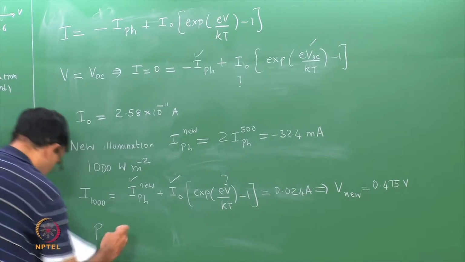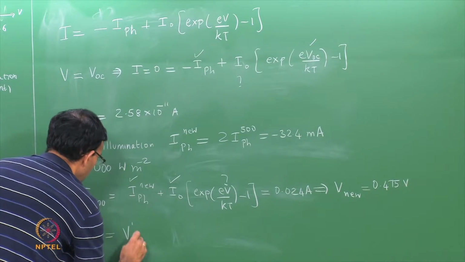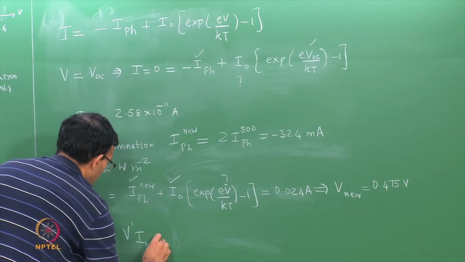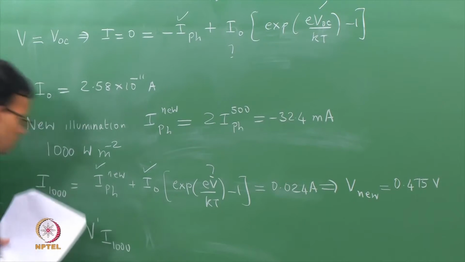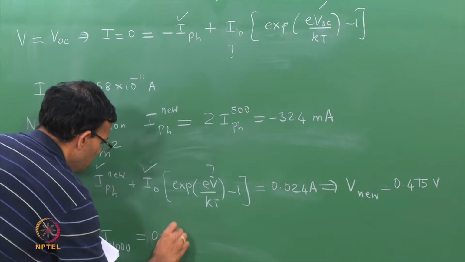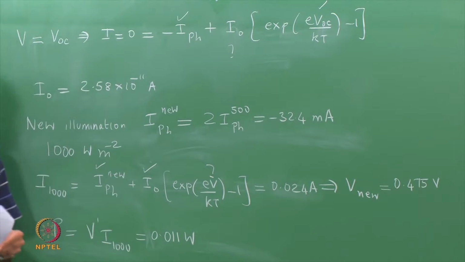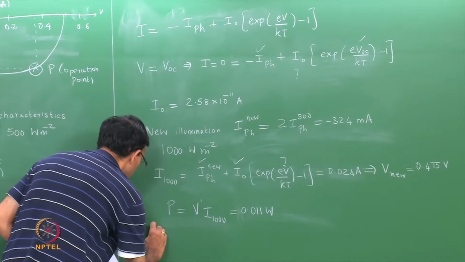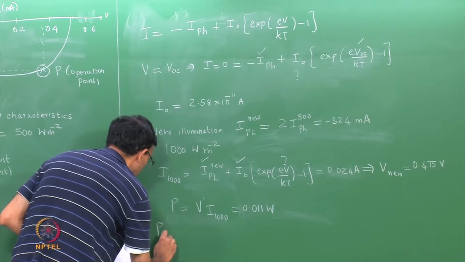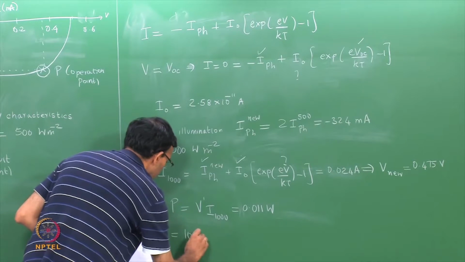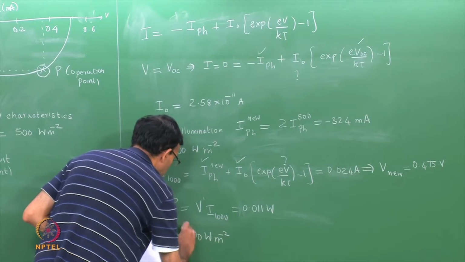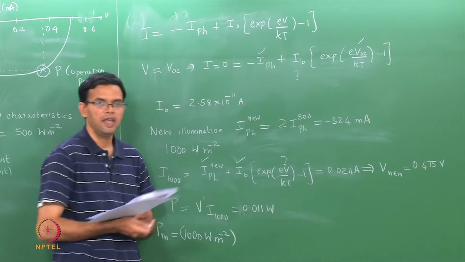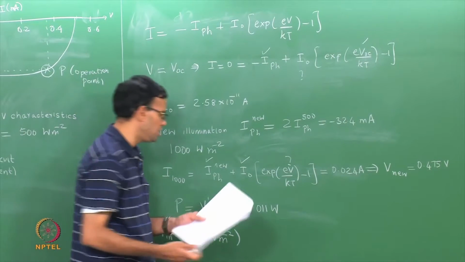We can also calculate the power in the system. So, power is nothing but V prime times the current. So, the current is I 1000, this is equal to 0.011 watts. We are also asked to calculate the efficiency of the system. So, the input radiation is 1000 watts per meter square and the area of the solar cell is 1 centimeter square.